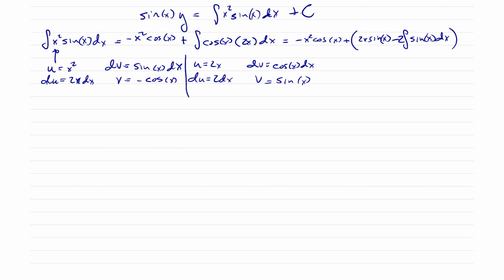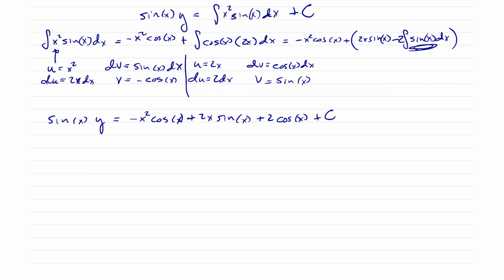Okay, so this is the integral of this guy, and so finally we get sine of x times y is equal to minus x squared cosine of x plus 2x sine of x minus 2 cosine of x, flip sign there, and then plus c.